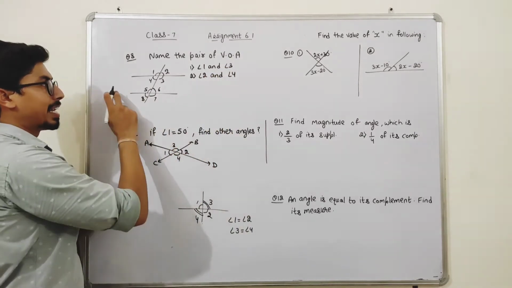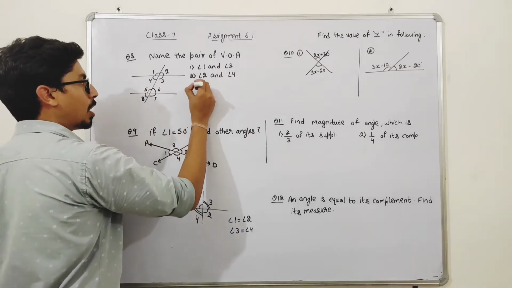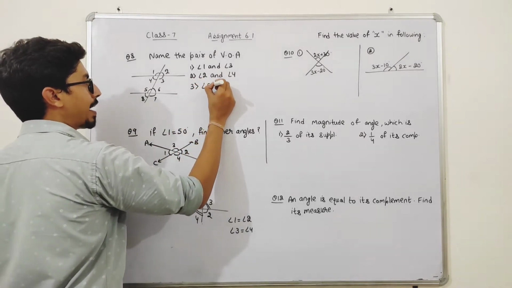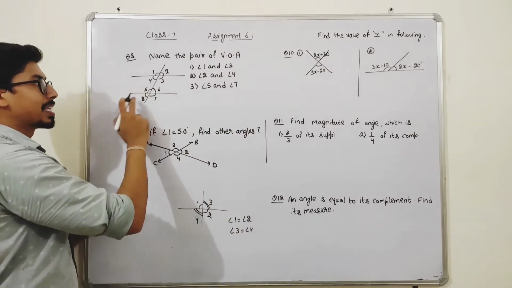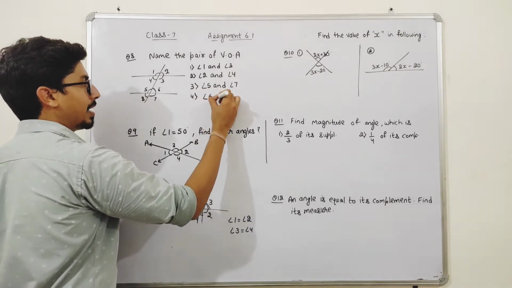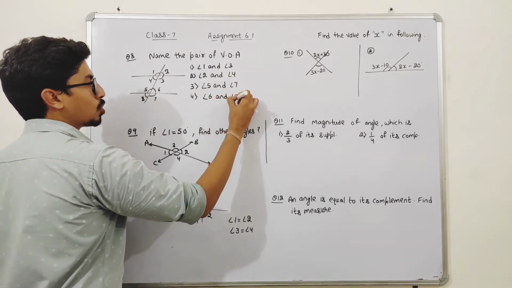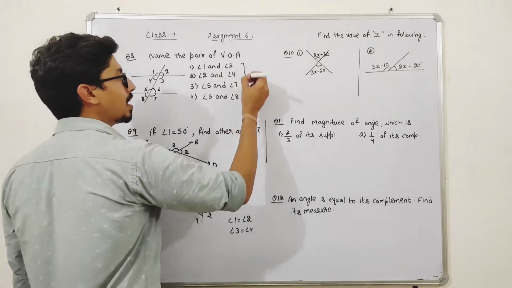Similarly, if I take this line and this line, these two are forming the pair of vertically opposite angles. So angle 5 and angle 7. Similarly, angle 6 and angle 8. So students, these are the pairs of vertically opposite angles.